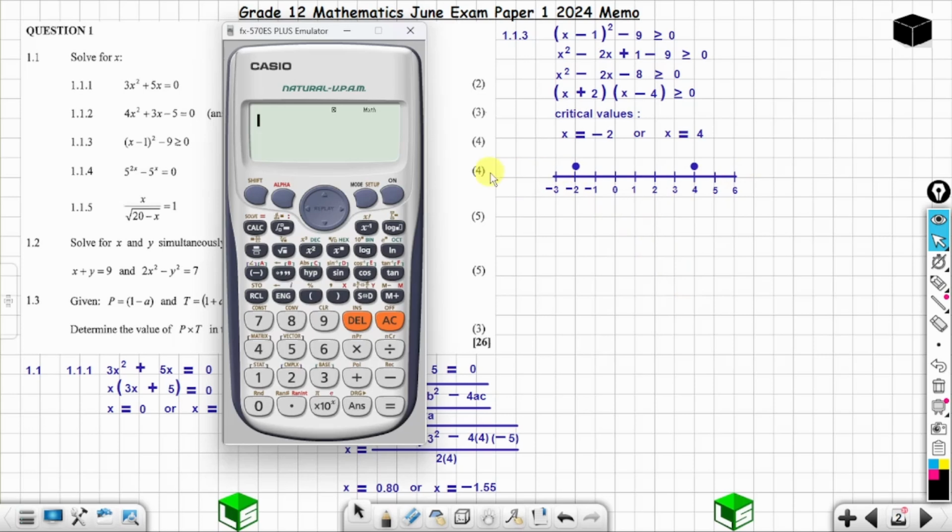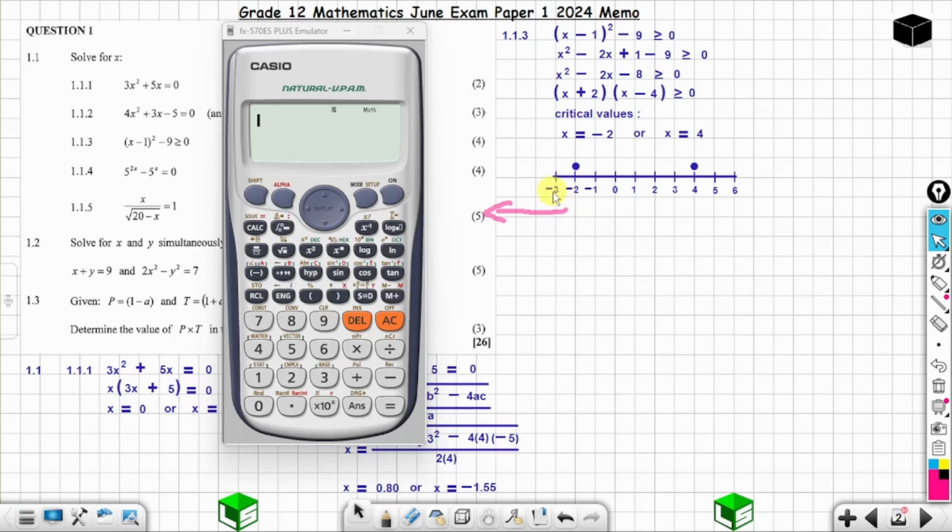Let's start with the interval before negative 2. You're going to use any number less than negative 2.